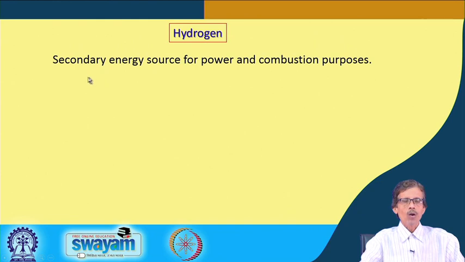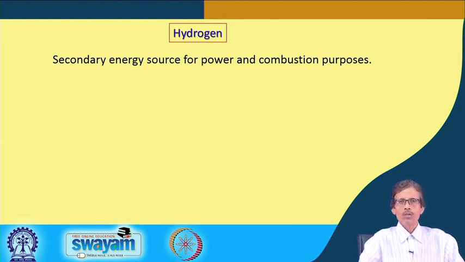So, we should always think of some secondary energy sources. One important secondary energy source is solar energy, and hydrogen can be another alternative secondary energy source if we have some technique where hydrogen can be obtained very easily, in a cheaper way.